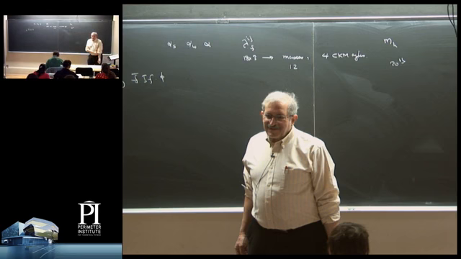Alpha S is known to almost 3 significant figures. Maybe 2. No, sorry, that's wrong. Maybe 2% accuracy. So everything fits together within that very well-defined space that's allowed by the experiments. So, yeah, pretty good model.